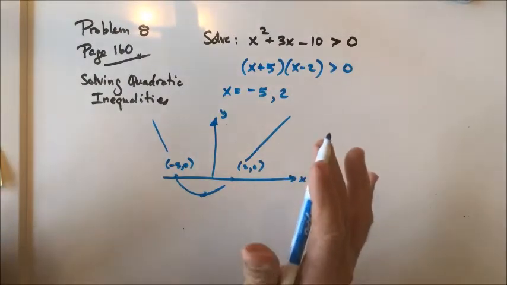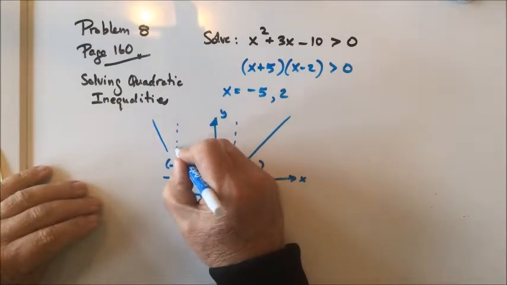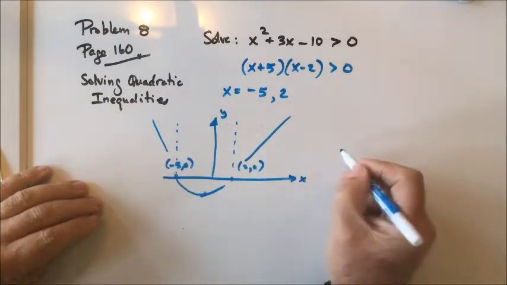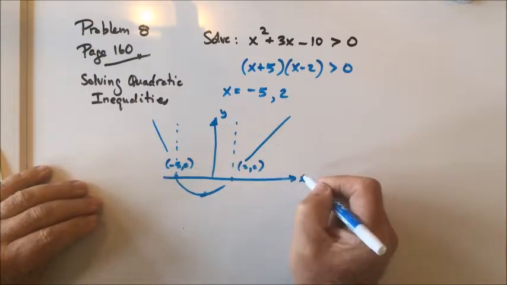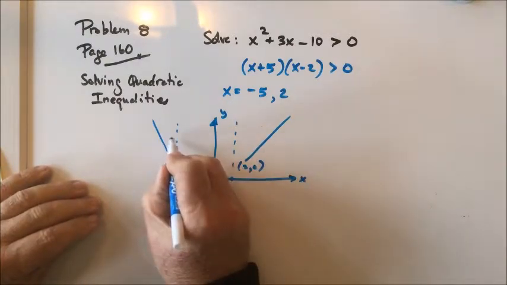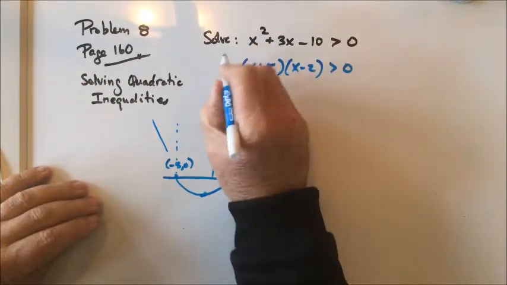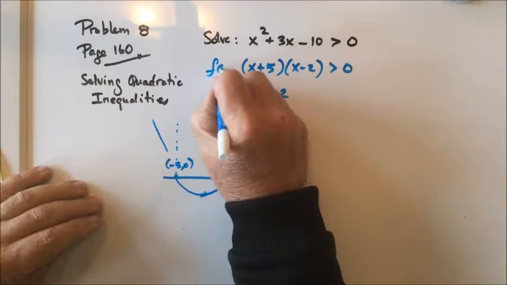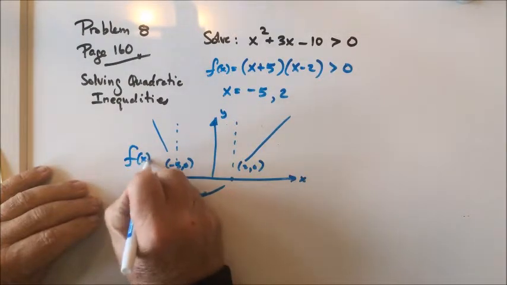So when we just look at it, these intercepts divide this space, as x goes from minus infinity to infinity, into 3 parts. There's a part here where this function, I'm going to call it f of x to have a name for it, is positive.